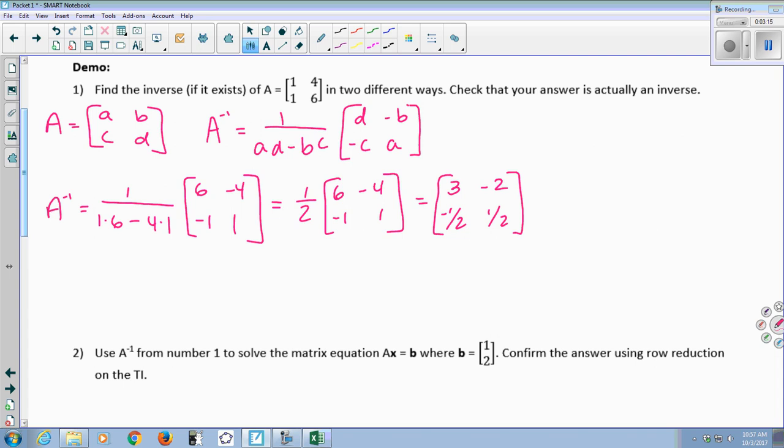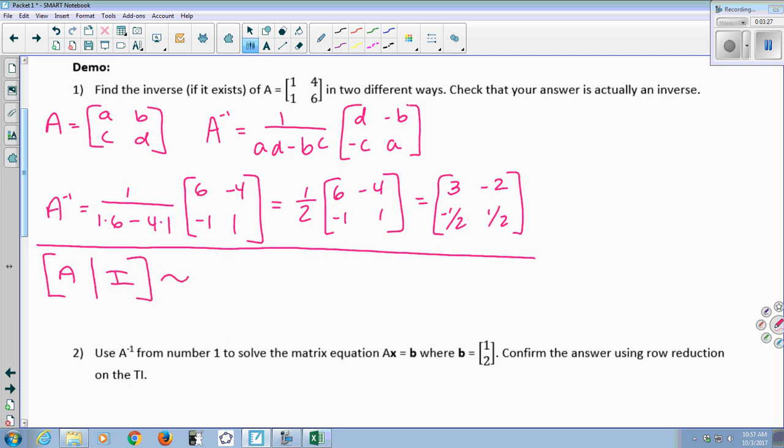My calculator method takes A and augments with the identity, and then you row reduce, and the identity will land over here on the left, and A inverse will land on the right once you row reduce. If you don't get the identity on the left, that means that A inverse doesn't exist and there is no inverse. So I'll have my calculator do this.